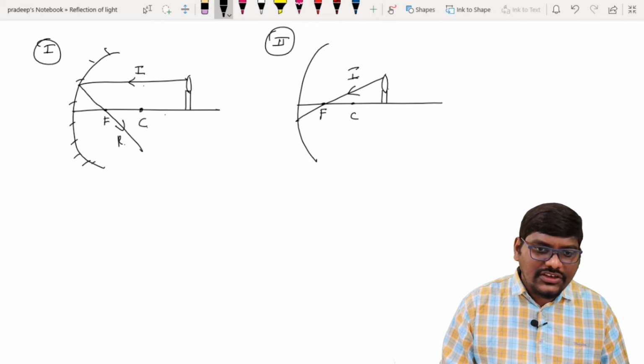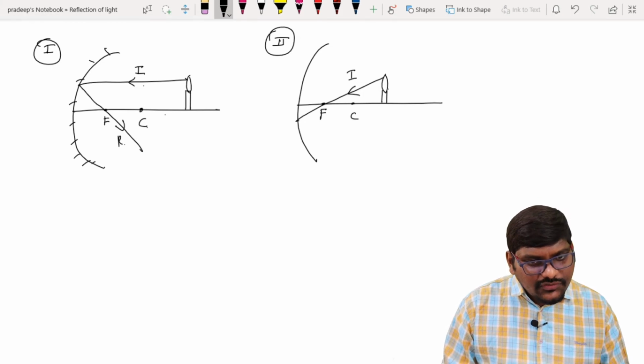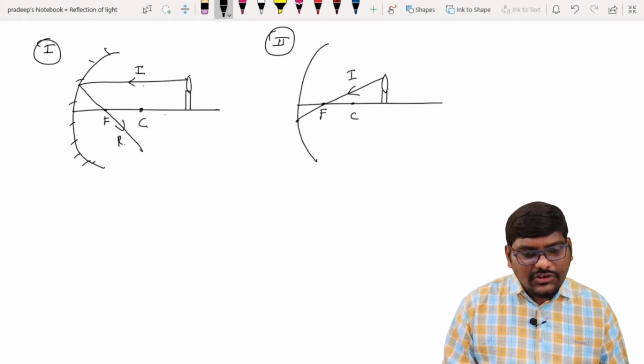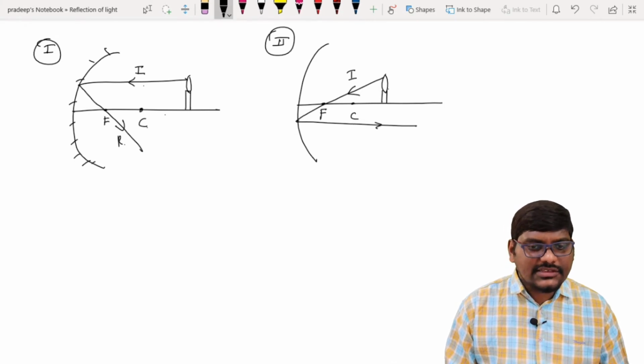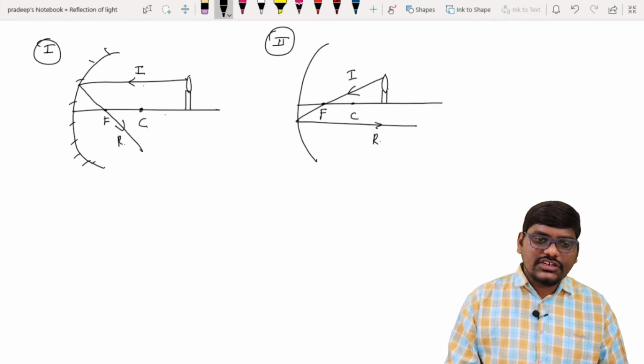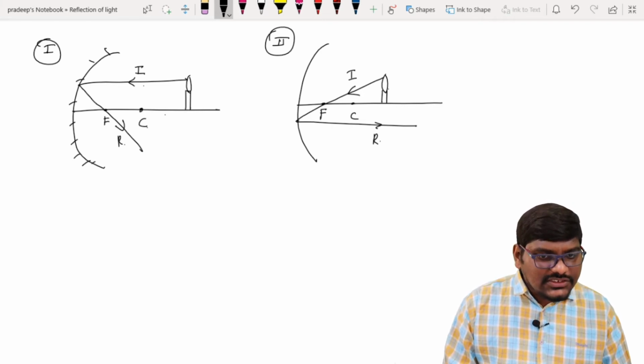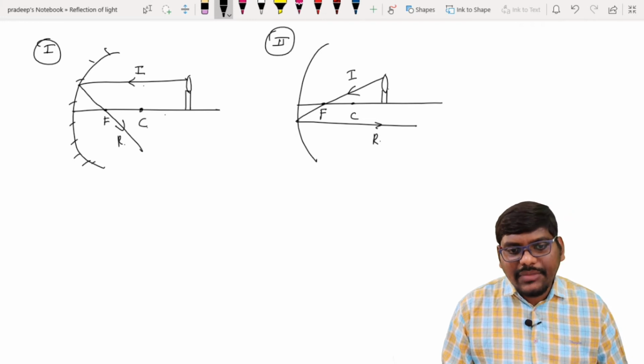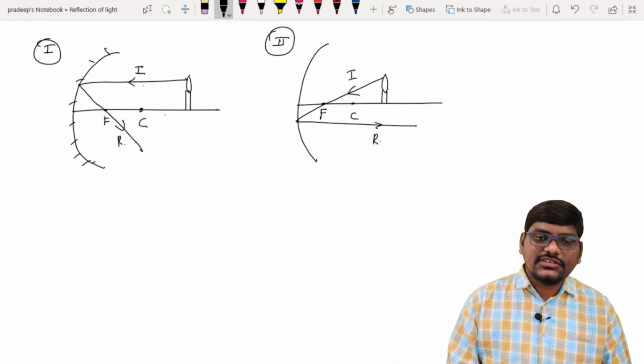So this is incident light or the incident ray. It is passing through the focus and it is touching the mirror, and now it is making a parallel line here. Parallel to what? Principal axis. As this is parallel, so now this is the second rule. So that is passing through the focus, touching the mirror, and that is making parallel to the principal axis. So this is the second rule.